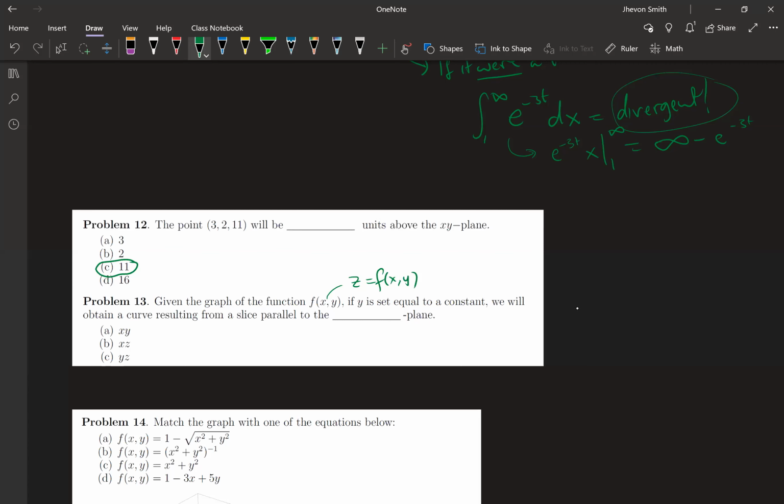If y is set equal to a constant, we will obtain a curve resulting from a slice parallel to which plane? Setting y equal to a constant means you're in a plane that's parallel to which one of these? Right, xz.